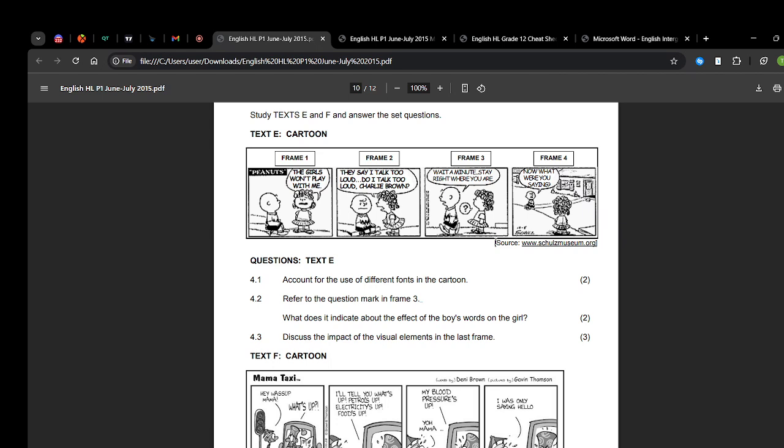Anybody want to give it a shot? Just put it in the comments. So I'm talking about the body language, no? Mm-hmm. So the girl is walking away with her back turned, suggesting that she is frustrated. Then her posture shows she's no longer interested in continuing the conversation.